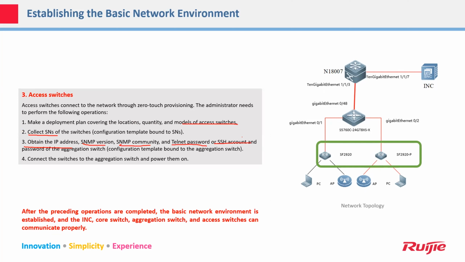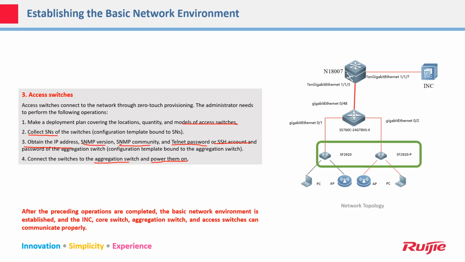In this way, INC can deliver configuration templates to these devices. Connect the switch to the aggregation switch and power it on. Once powered on, it will get the template from the INC, and this is zero-touch provisioning.